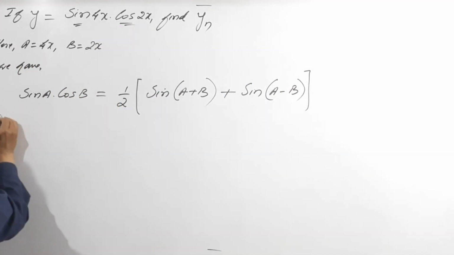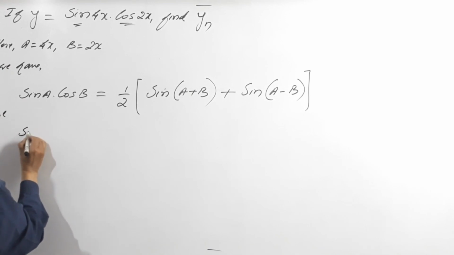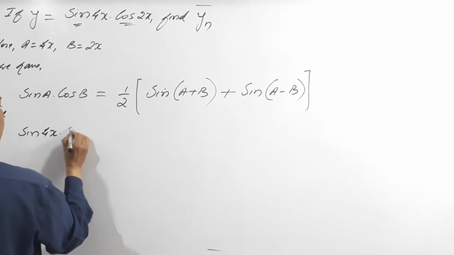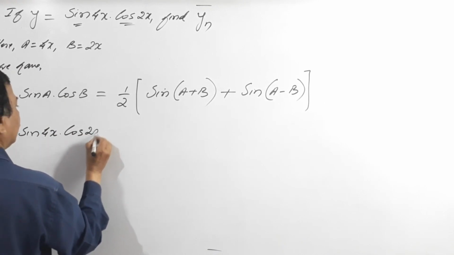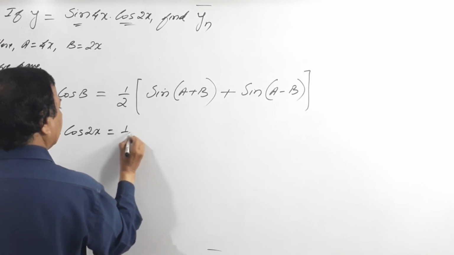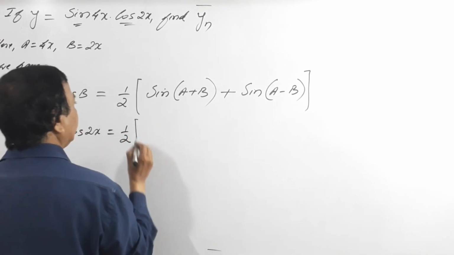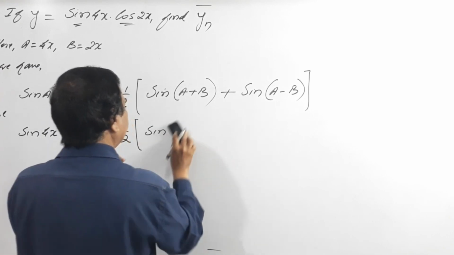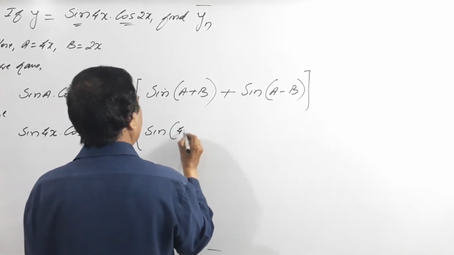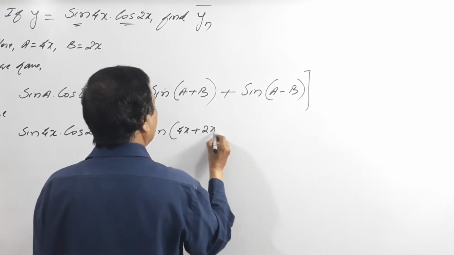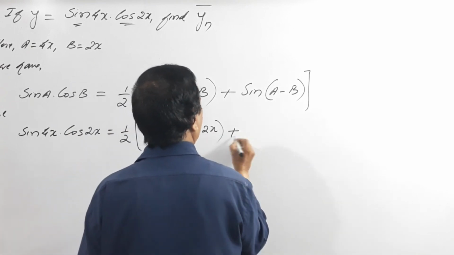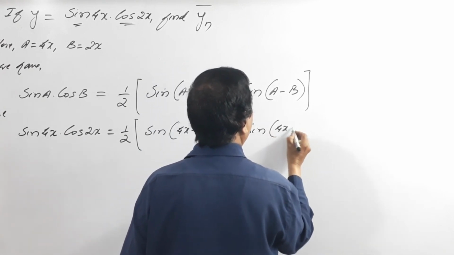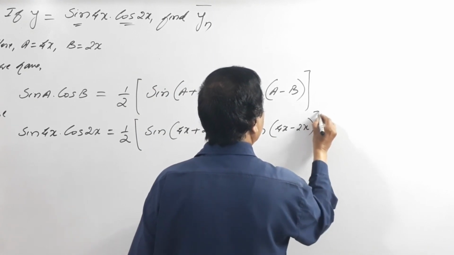So yes, sin of 4x into cos of 2x equals what? Half into sin of (4x plus 2x) plus sin of (4x minus 2x).